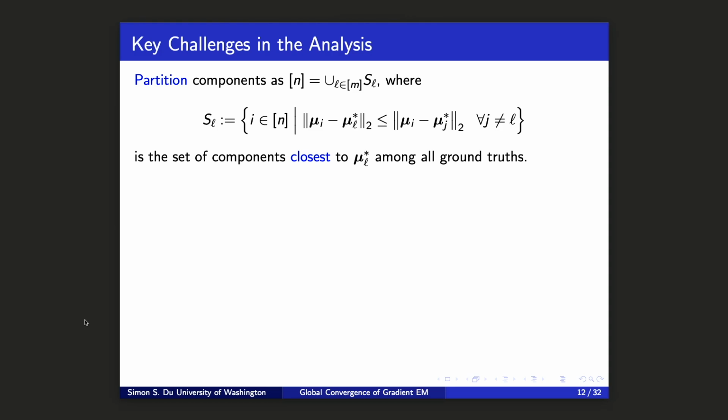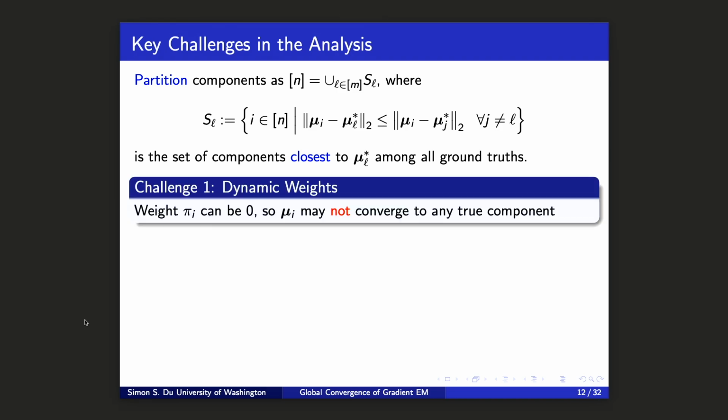So basically you just partition the space such that we group the mu_i's to their closest underlying ground truth mean, mu star. Okay, so that's our partition. If you do over-parameterization, then with high probability, each set has at least one component. But if you do not do over-parameterization, then you may have an empty set, and so our analysis cannot go through.